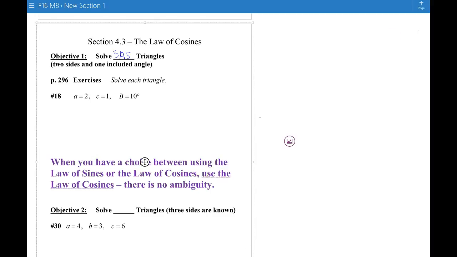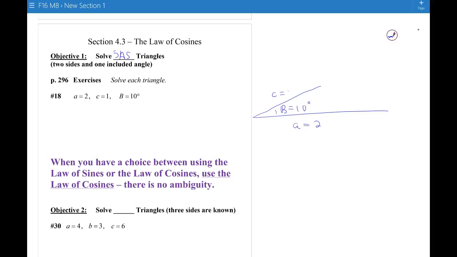And I'm going to draw a 10-degree angle, well, a really small angle. I don't know if it's going to be 10 degrees. This is angle B equals 10 degrees. Side length A is 2, and side length C is 1. So it looks like that will work about right for side length B. As always, I want you to say A equals 2.